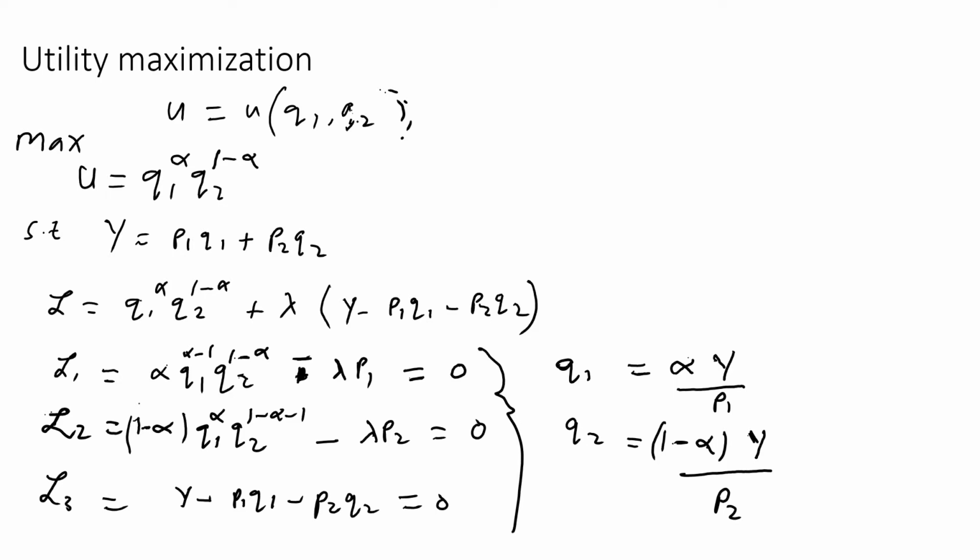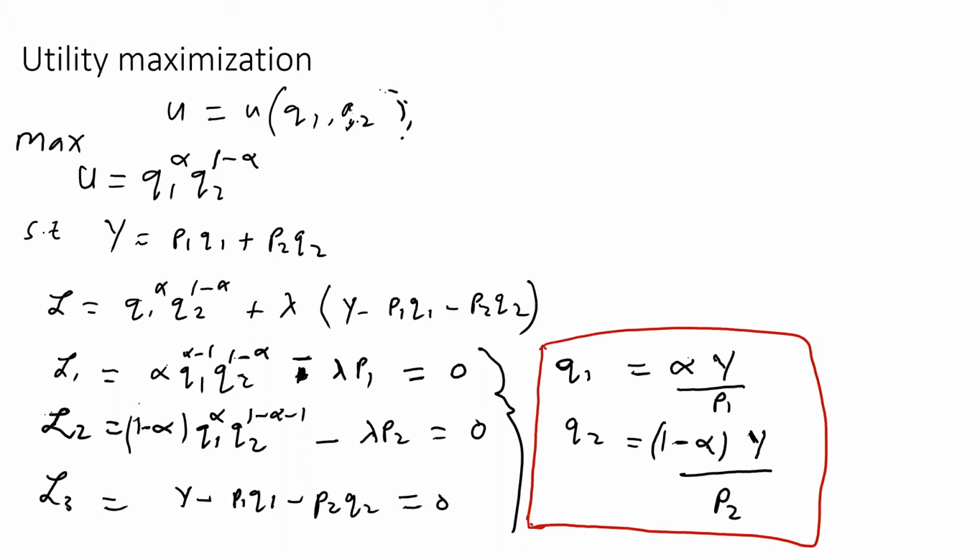This is what we have already done, which is why I'm not going into the detail of the steps, but these results, which we got yesterday, are important for us, because based on these results we are going to focus on the Engel curve and the demand curve.